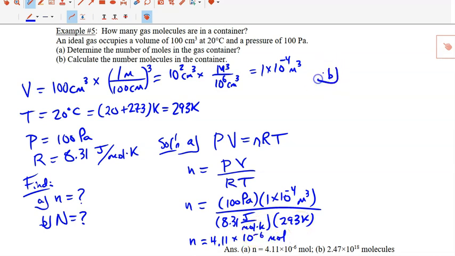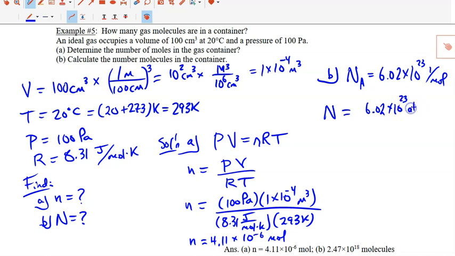For part B, there are a number of approaches you can use. You know that Avogadro's number is 6.02 times 10 to the power 23 per mole, and this tells you how many molecules you have. So to find the number of molecules, we write Avogadro's number, 6.02 times 10 to the power 23 atoms, let's say, per mole, and multiply by how many moles we have, which is 4.11 times 10 to the power of negative 6.